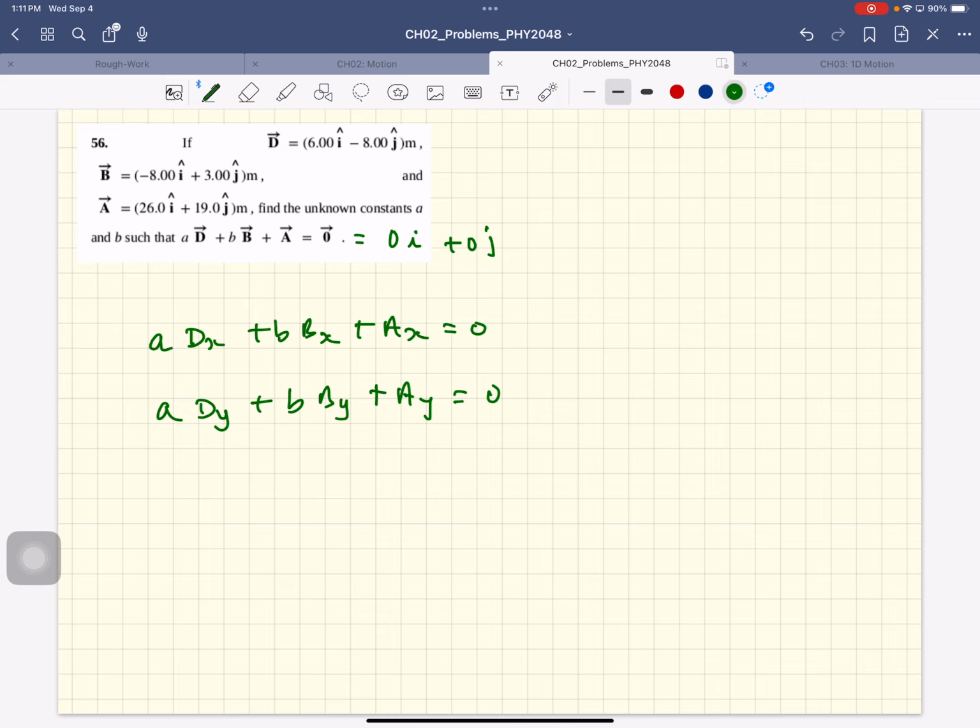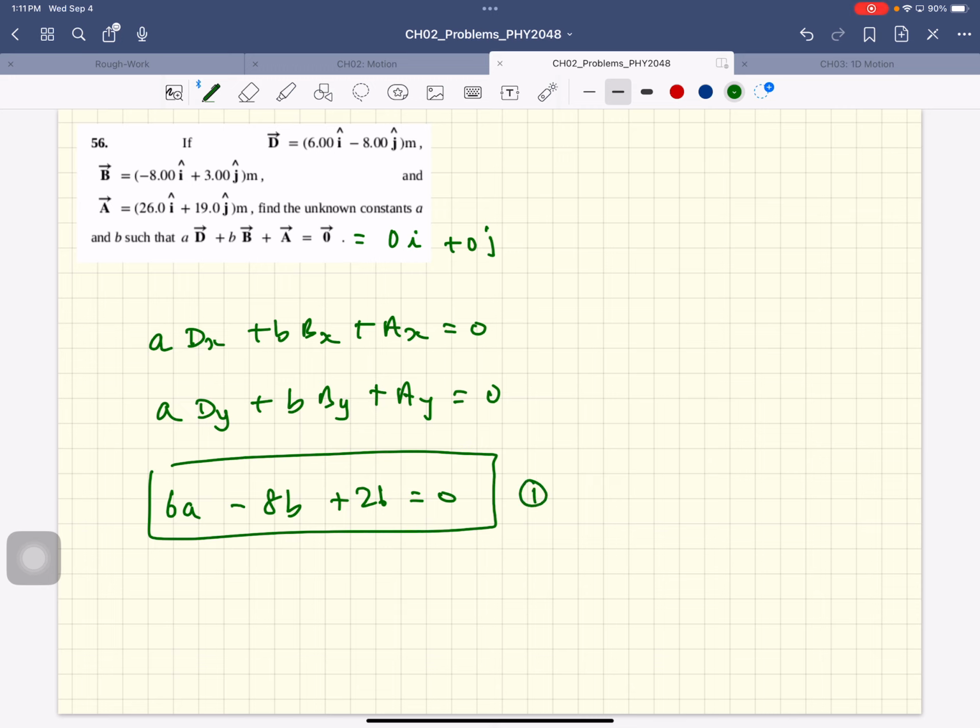All right, so let's plug in those values. dx is 6, so 6a plus bx is minus 8, minus 8b, plus 26 equal to 0. That's equation 1.